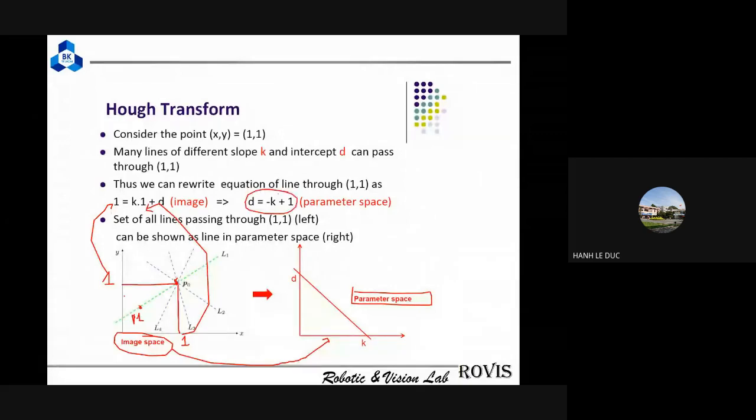And if we roll it, we have this line in the parameter space. What does it mean? That means all the points related to this equation represent the lines going through P0 here.